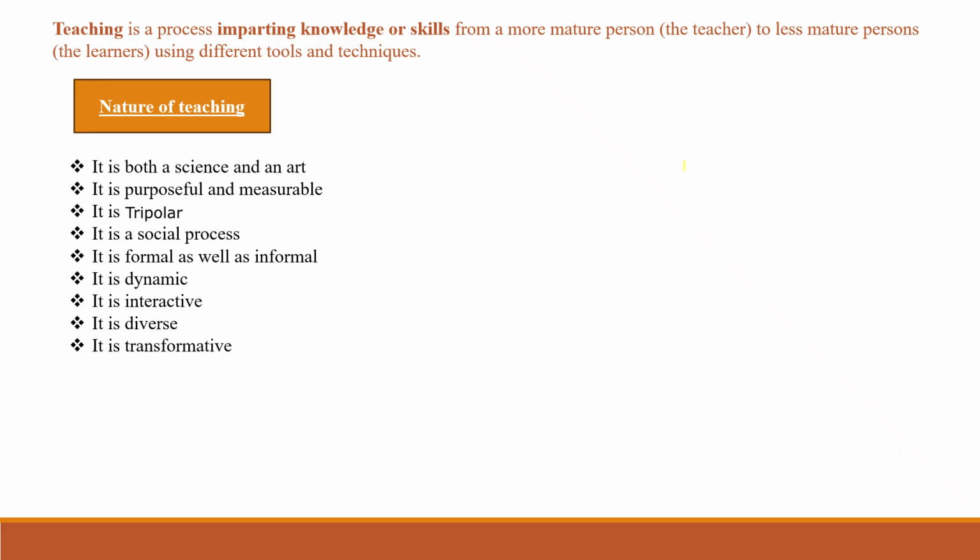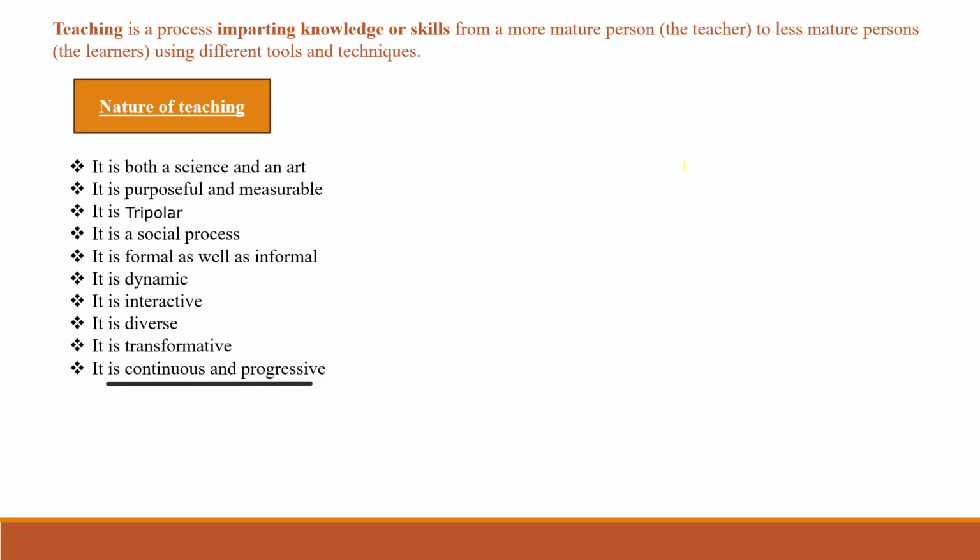Teaching is continuous and progressive. It means teaching is a lifelong process, a journey from cradle to grave. And progressive means it's an ongoing process that develops step by step over time. Learning does not happen in a single class or at one stage.